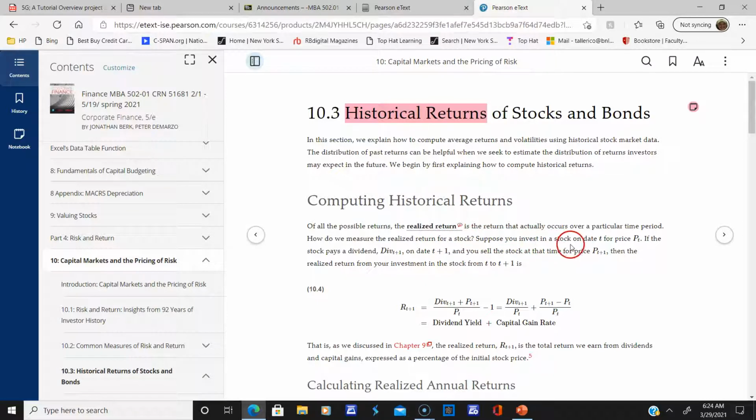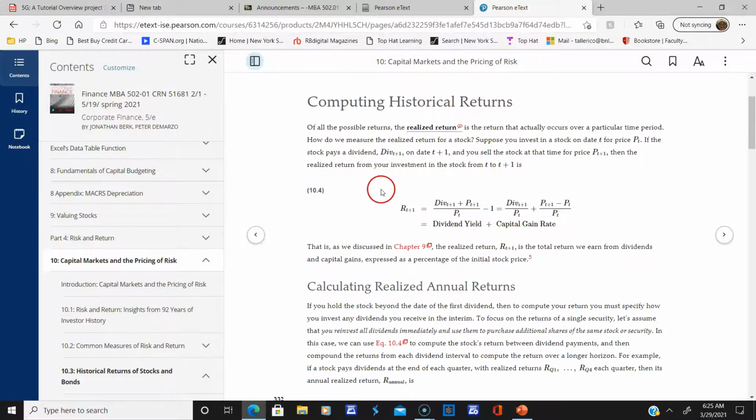Suppose you invest in a stock on day T for this price. If the stock pays this dividend on that date and you sell the stock at this price, then your realized return is here, which has got two components, right? You see these two components? See the right side of this equal sign here? So here's the dividend yield on what you paid, and here's the capital gain on the increase or decrease for that matter in the stock price.